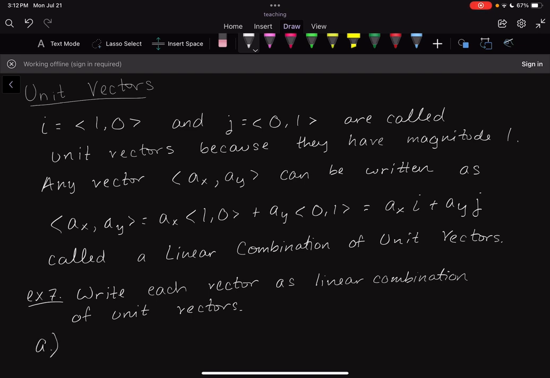So for the first one, I'm going to give you this vector a equals, and I'm going to give you the component form, -2, 6. And then for b, I'm going to give you the vector -4, -1.